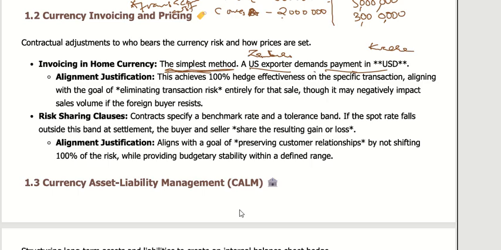If you can demand your payments in the Zambian kwacha, then effectively you have transferred the risk to the importer, because if you have priced your goods at say 1,000 kwacha, then that's what you're expecting. Whether there is any fluctuation, you are getting 1,000 kwacha.